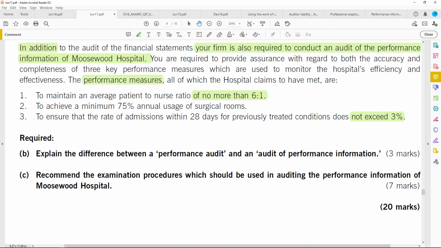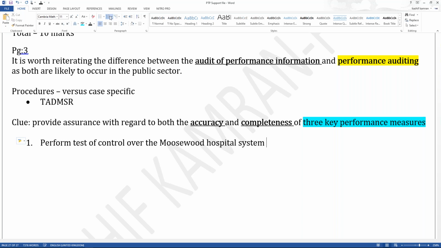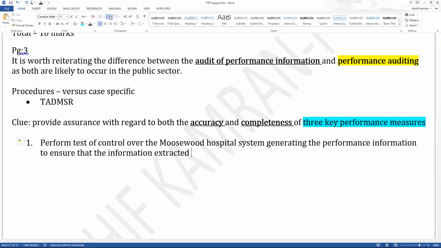Now, before I start attacking 1, 2, 3 in the journal, should I write one procedure before I start writing specific procedures? Should I perform a test of controls over the Moosewood Hospital systems generating the performance information, to ensure that the information extracted is accurate and complete?